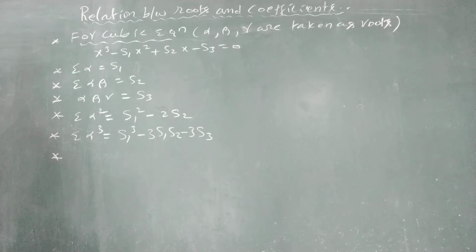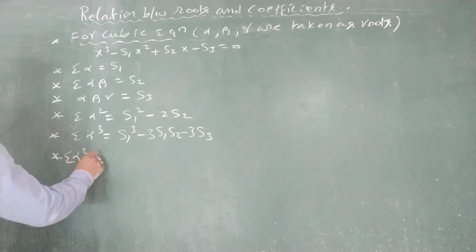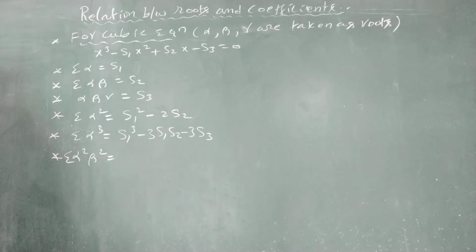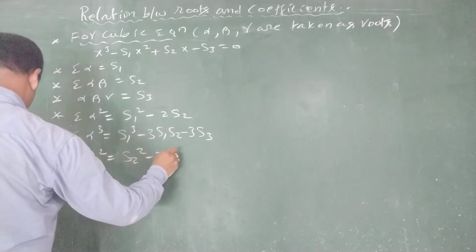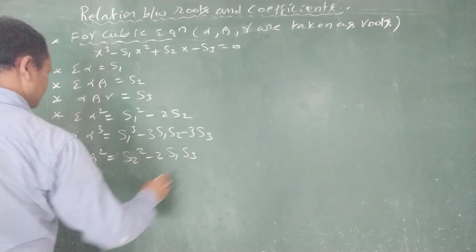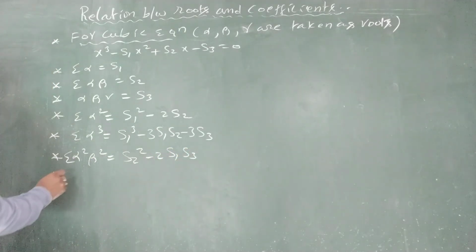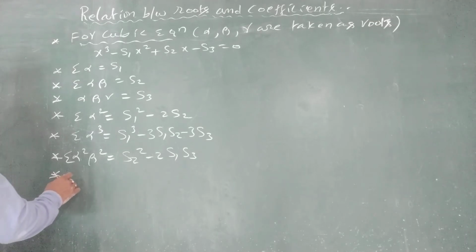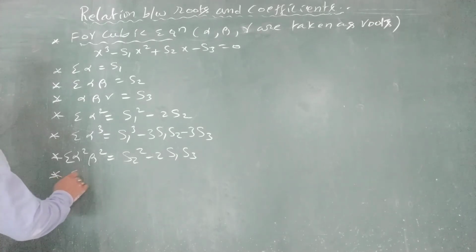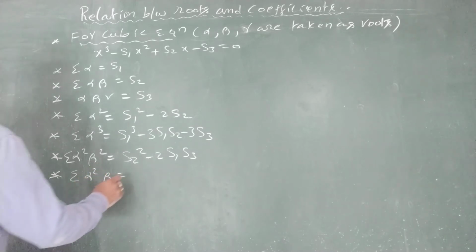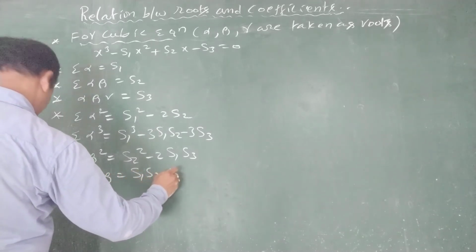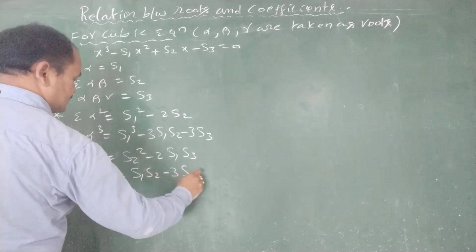Sigma alpha square into beta square is equal to s2 square minus 2s1 s3. Sigma alpha square into beta is equal to s1 s2 minus 3s3.